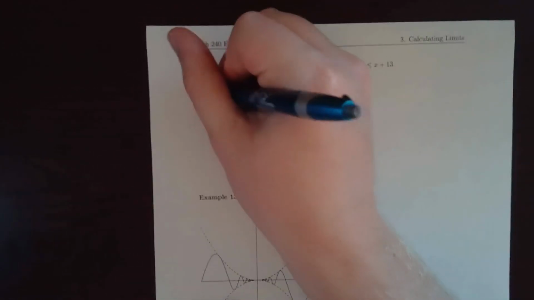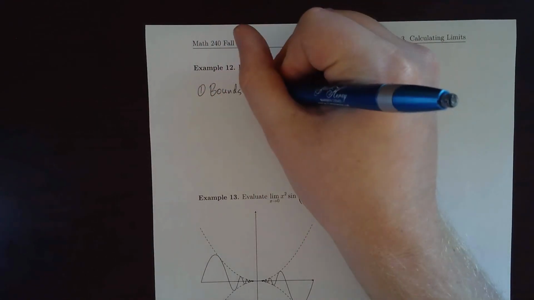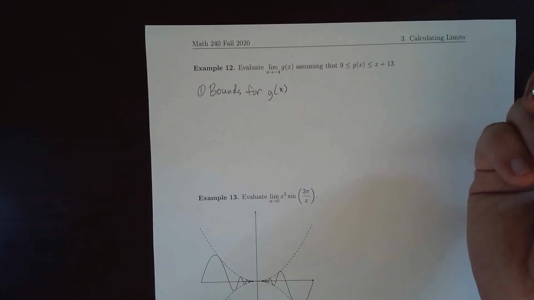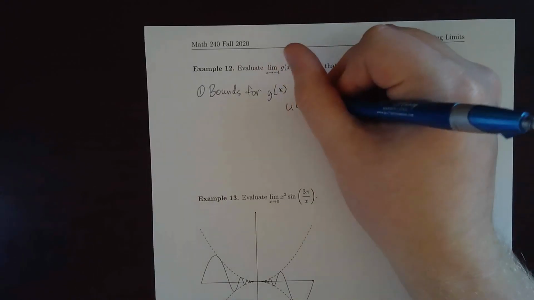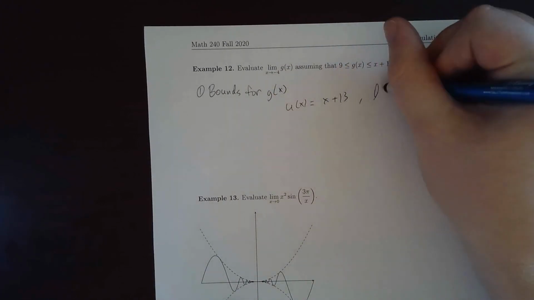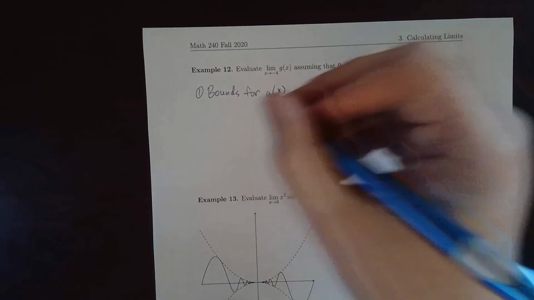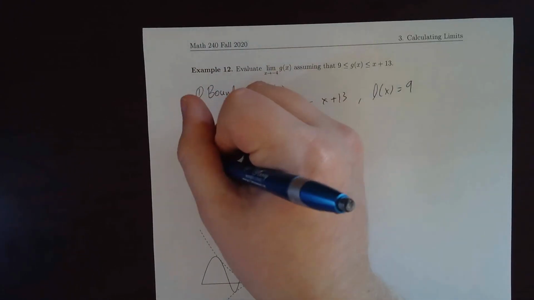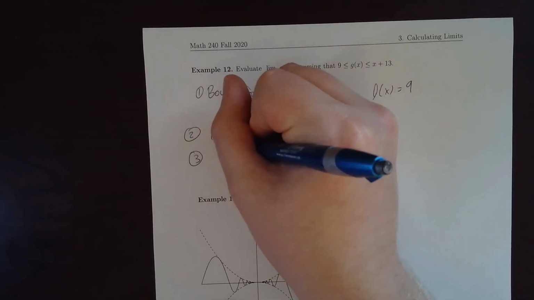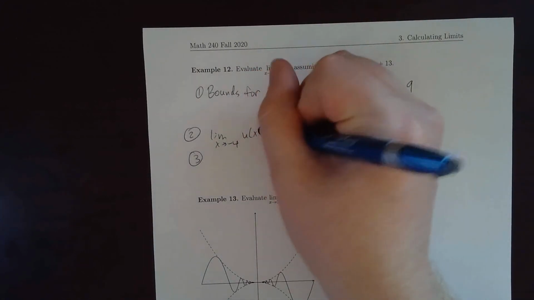So first, we have our bounds that are given for g of x. So we've got our upper function is x plus 13, and our lower function is the constant function 9. Next two steps are to find those limits as x approaches -4 of both of these.